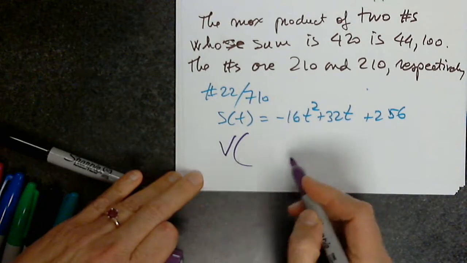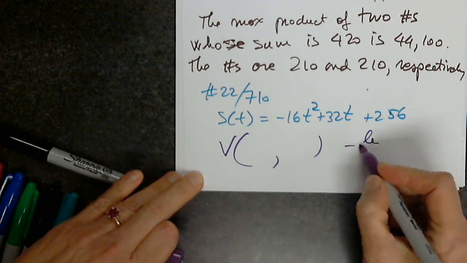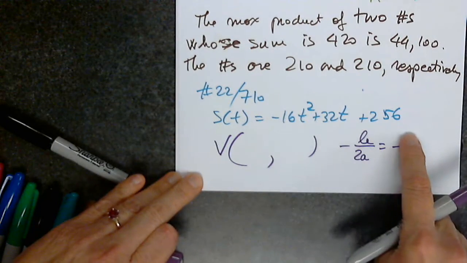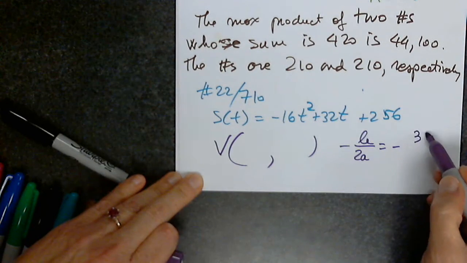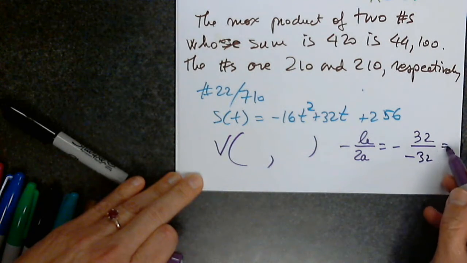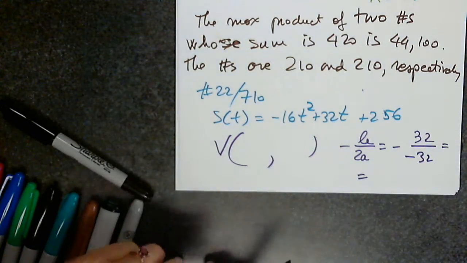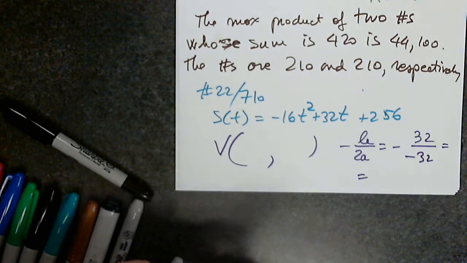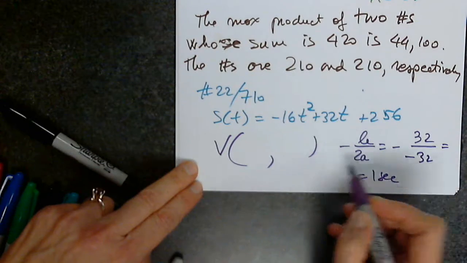The vertex. So negative b over 2a. Careful, this has to be in descending order. Negative 32 over 2 times a. So the time needed for the stone to reach its maximum height is 1 second.